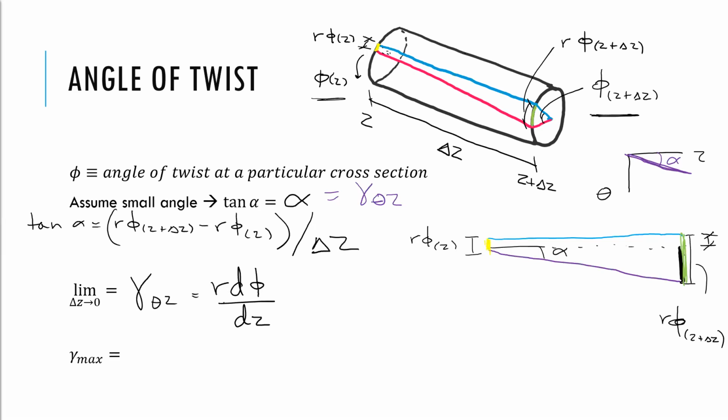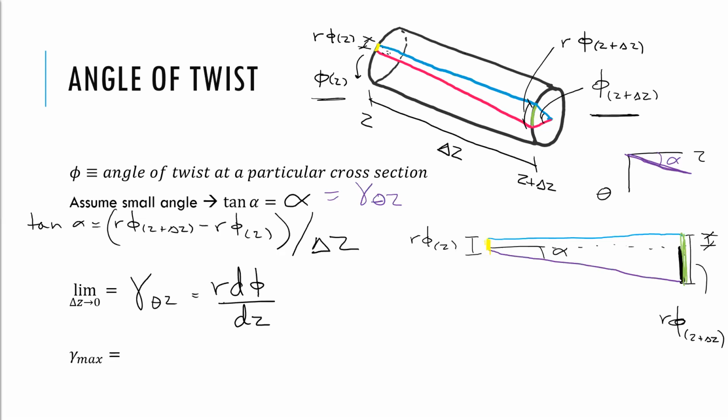So we're looking at the shaft from the side. And then we're noticing that it looks kind of like a triangle. And then we're using that to help us calculate that angle, which we know is approximately the tangent of the angle and also equals our gamma value, because gamma is defined as the angle of closure. And so this turns out to be equal to R d phi dz.